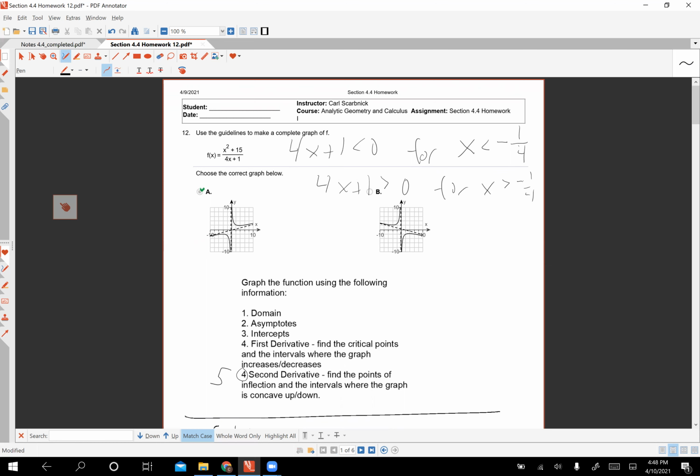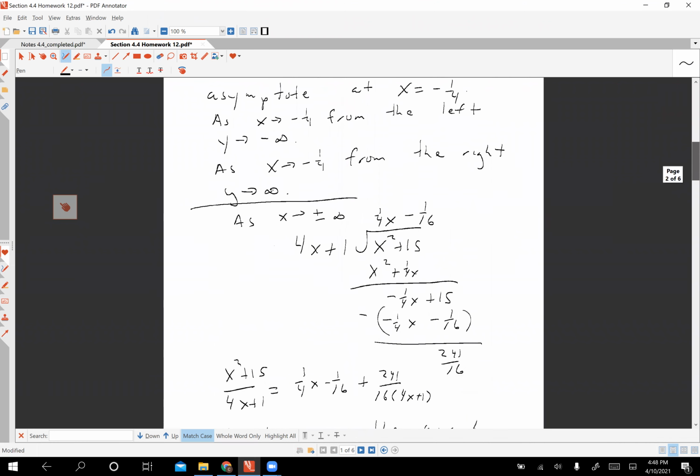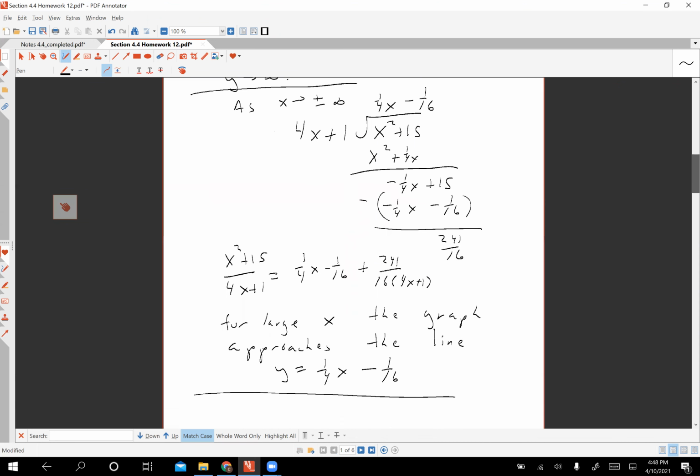So the vertical asymptote occurs at x equals negative 1/4; as we approach from the left, it goes to negative infinity, and as we approach from the right, it goes to positive infinity.